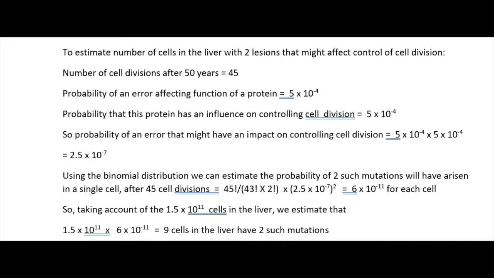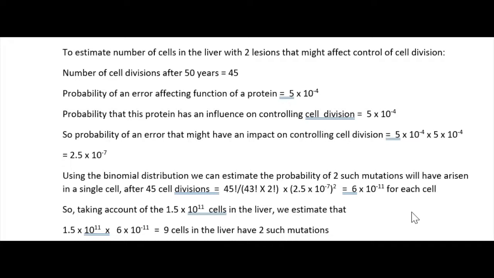And for a very small probability, it simplifies to this expression here, and it churns out a number of 6 times 10 to the minus 11 for each cell. So this is an apparently tiny probability for a single cell that it might accumulate 2 such mutations.